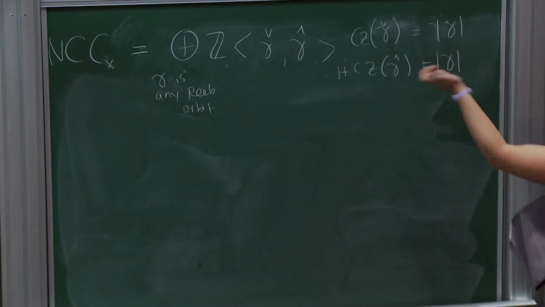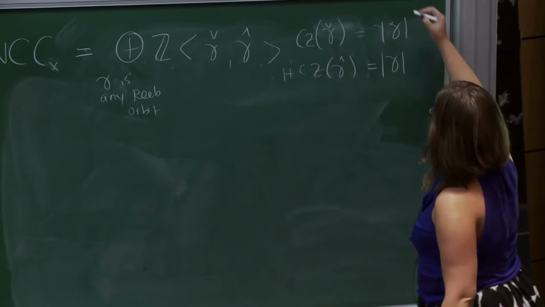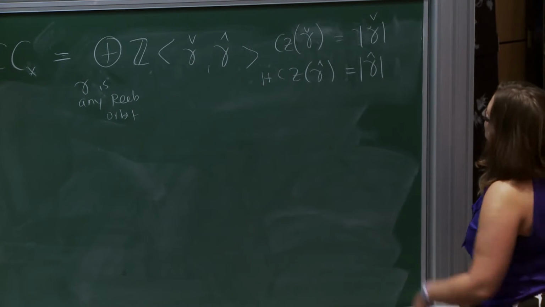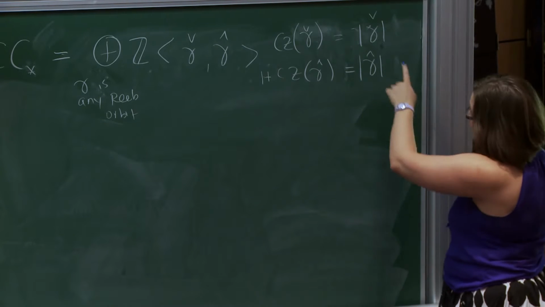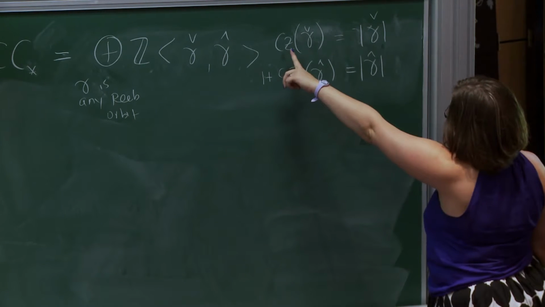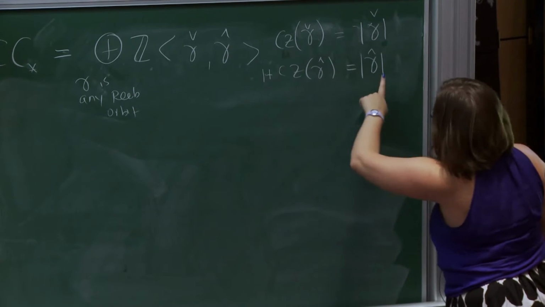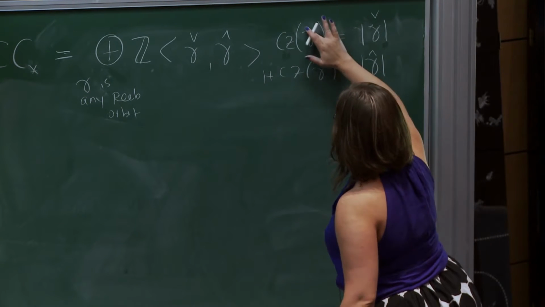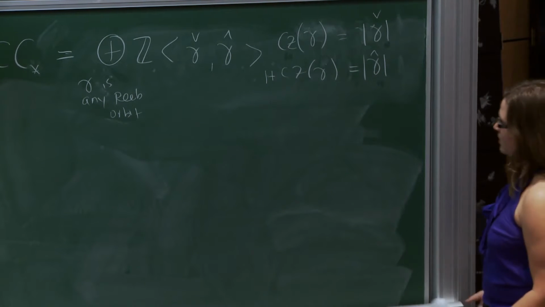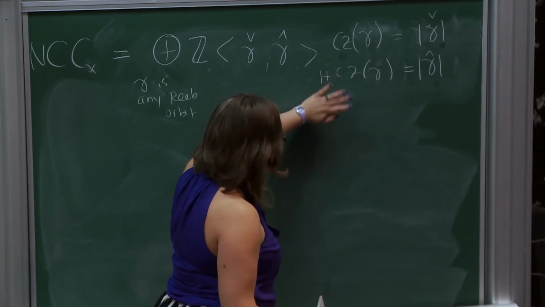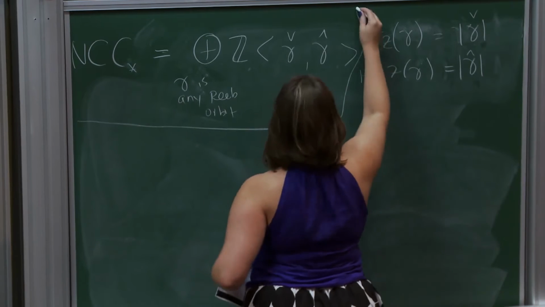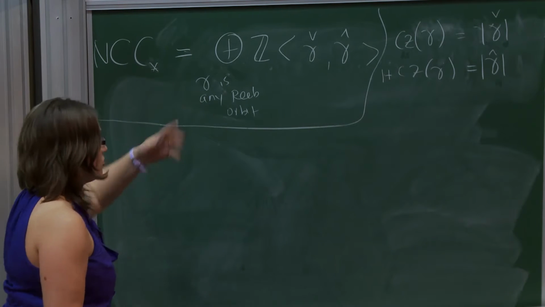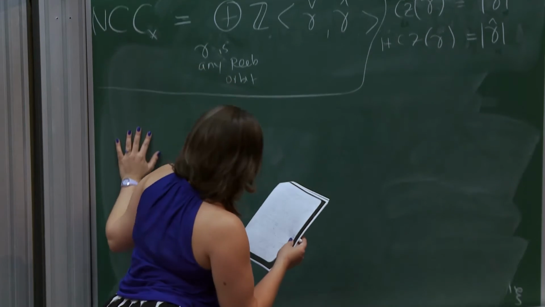Okay, I'm getting confused with hats and checks. So the grading of gamma check is going to be equal to the Conley-Zander index. The grading of gamma hat is just going to be the Conley-Zander index shifted up by 1. The Conley-Zander index of gamma hat and gamma check on their own doesn't make sense, because it's the same underlying Reeb orbit gamma. So this should be the correct formula. You should just think that gamma check and gamma hat are formal variables associated to the Reeb orbit gamma. Okay.